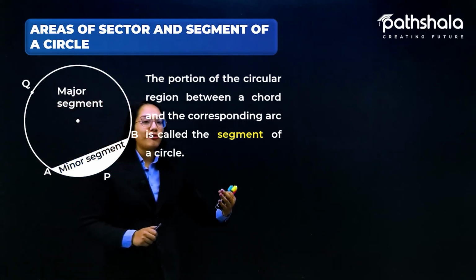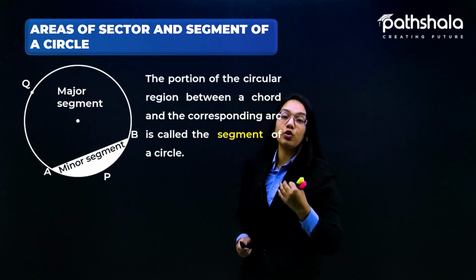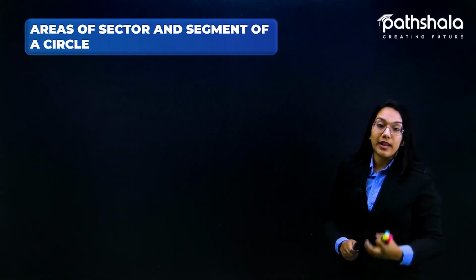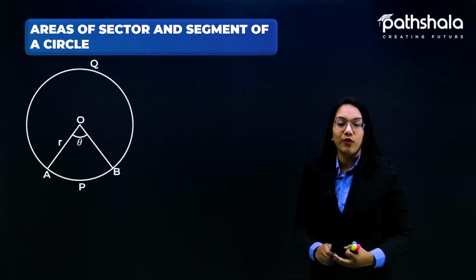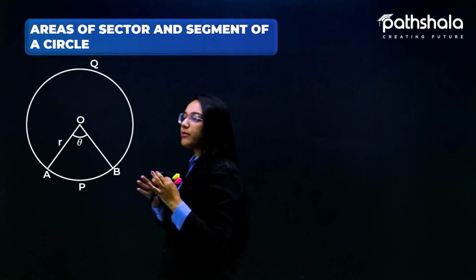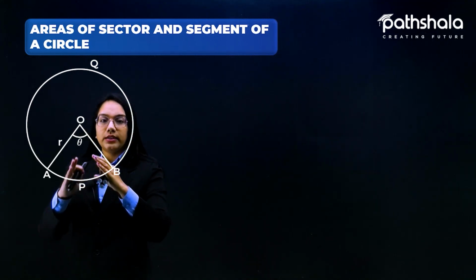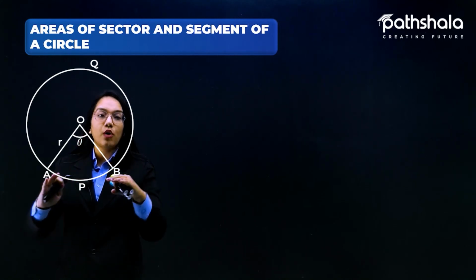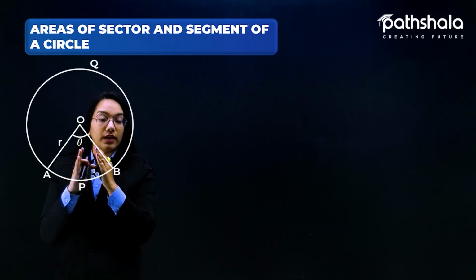Now let's move on to the areas of the sector and the segment of a circle. Let us begin with the sector. First of all, let me take the angle made by the two radii and the corresponding arc at the center of the circle as theta.